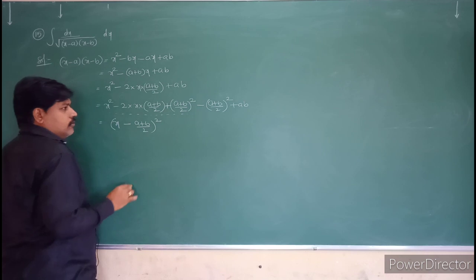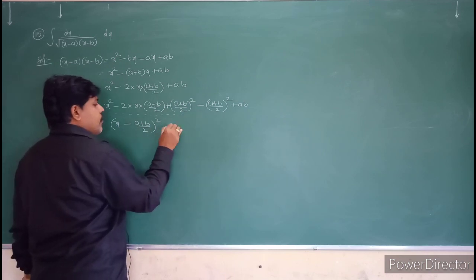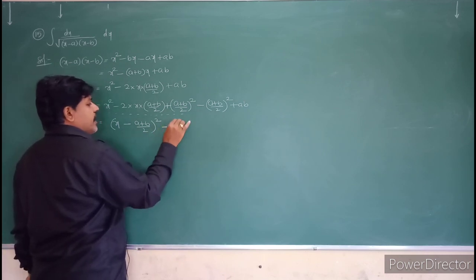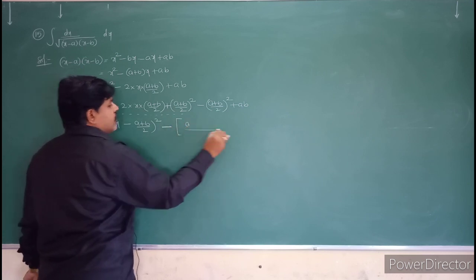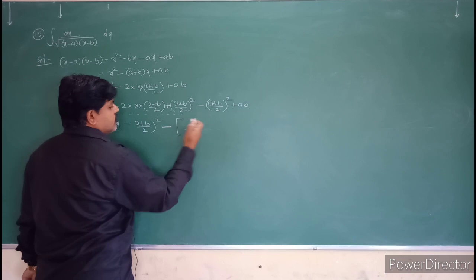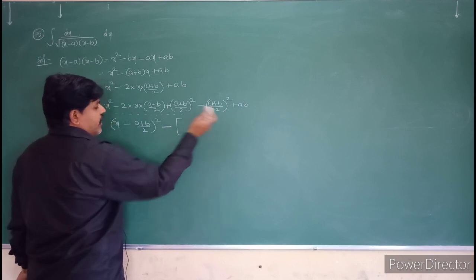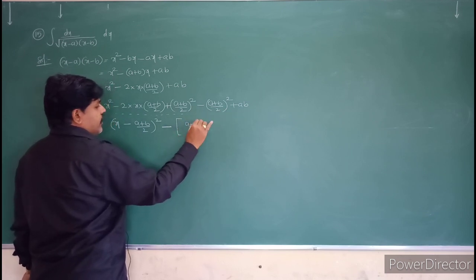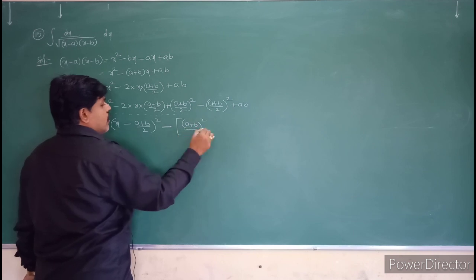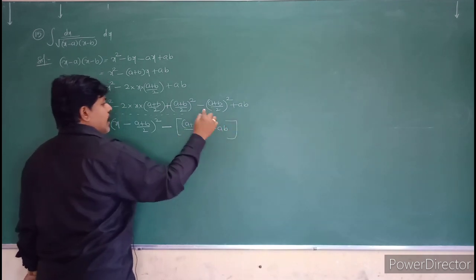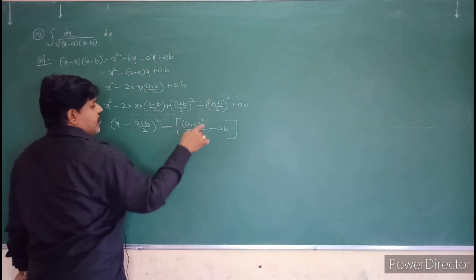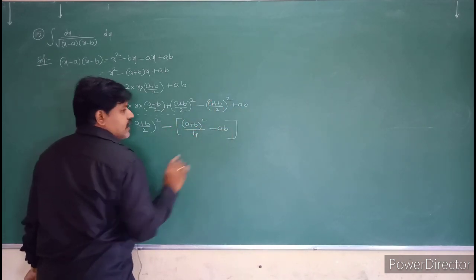For this value, I am taking the minus common. See the simplification: I am taking the minus common, (a plus b) whole square by 4 minus ab.